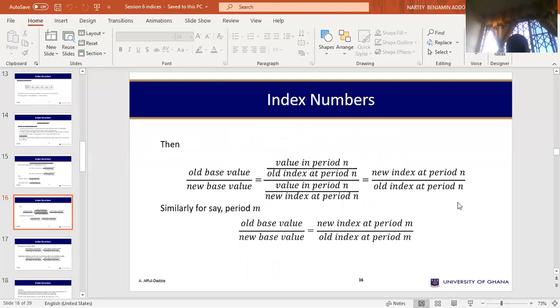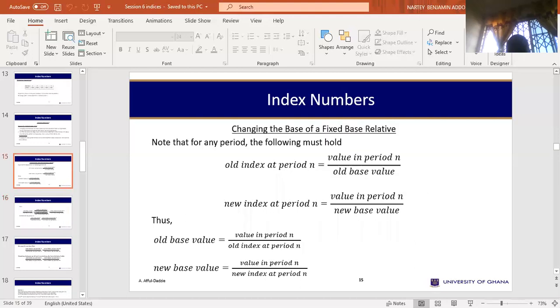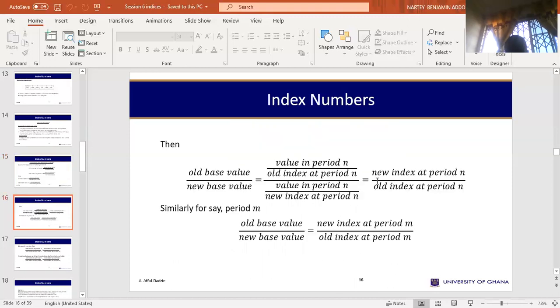If you have old base value over new base value, then all of this over all of this, you can see that value in period n and value in period n will cancel out, using the mathematical principles, right?